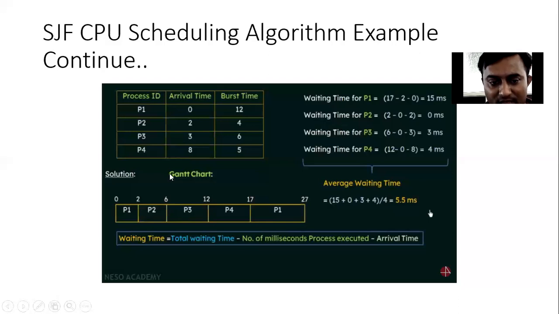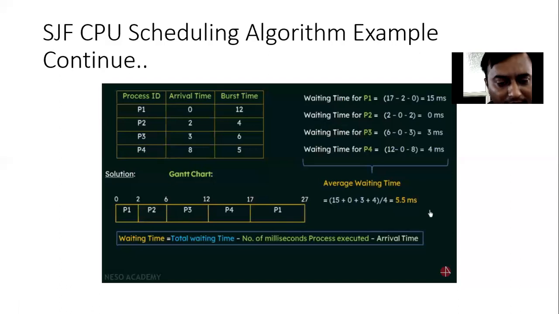Once P2 is executed up to 6 milliseconds, P2 has completed its execution. So now P2 comes out of the system. We are not going to consider P2 for further calculation because it is already executed.